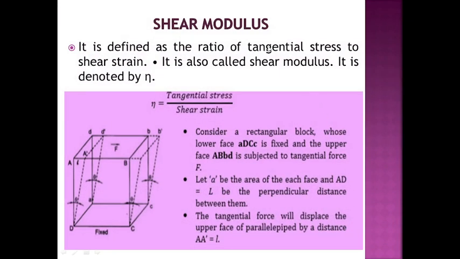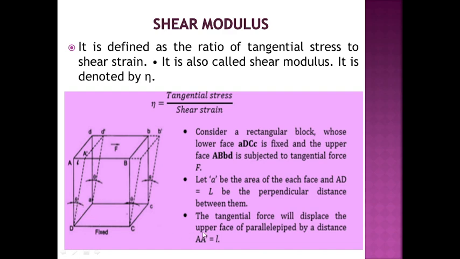The another one, shear modulus. It is defined as the ratio of tangential stress to shear strain, denoted by eta. If we consider a rectangular block having the edges A, B, C, D, once the force is applied parallel, its angle is going to change, that is, deformation is given by change in angle.